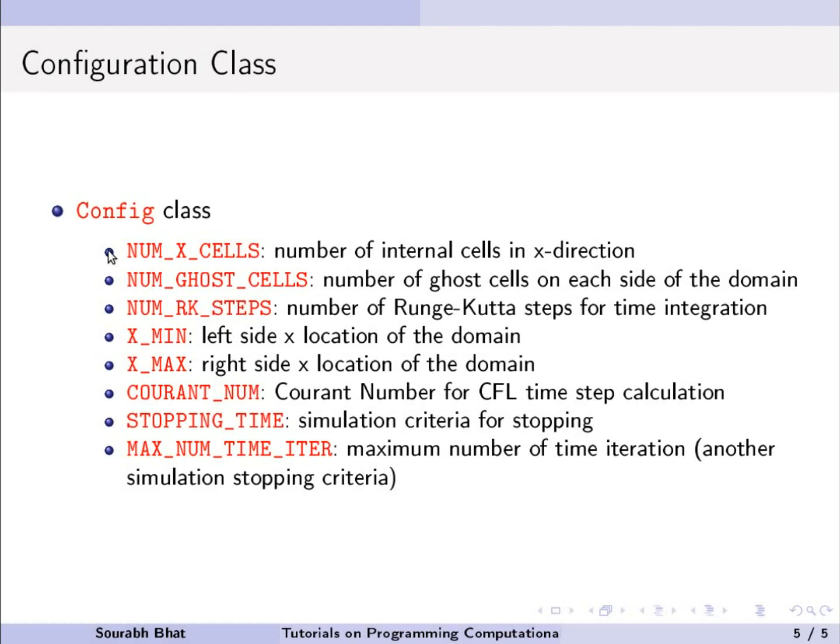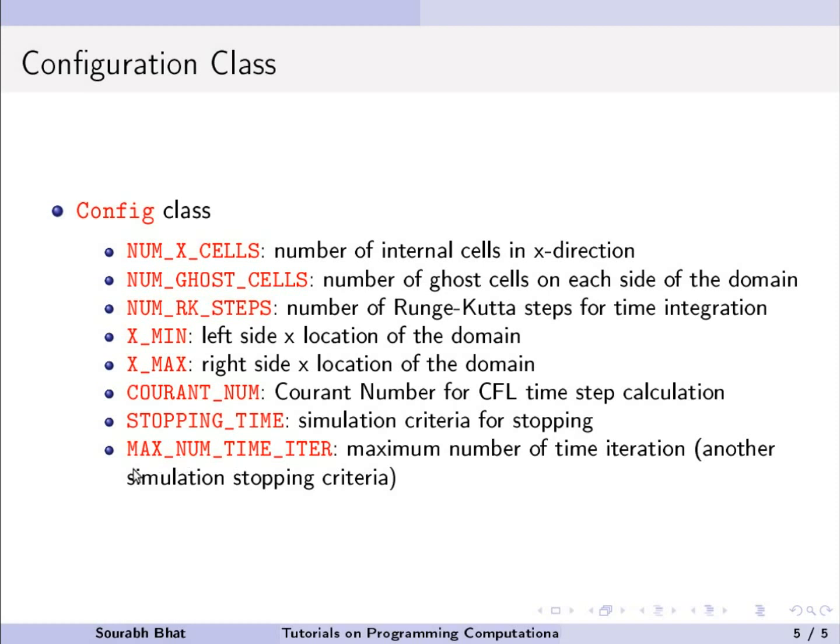So this is another class, the config class, which will basically be saving the parameters which are going to be used in our code. Like the number of x cells, these are going to be the internal cells in the x direction, the number of ghost cells, the number of Runge-Kutta time steps, the left side and the right side of the domain, the Courant number which will be deciding the time step size, the stopping time, that is the stopping criteria for our simulation, or the second stopping criteria will be the number of time iterations that we can take.